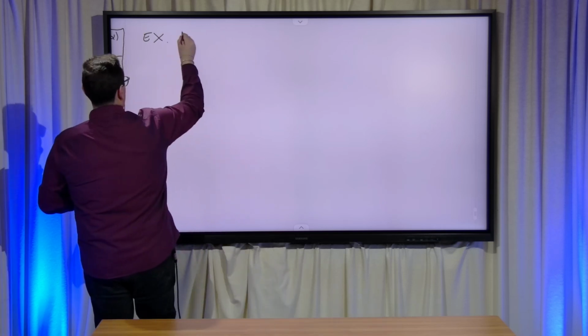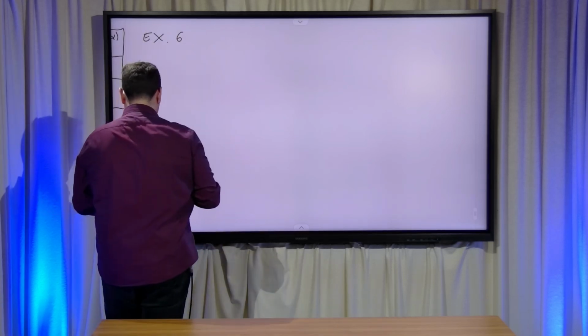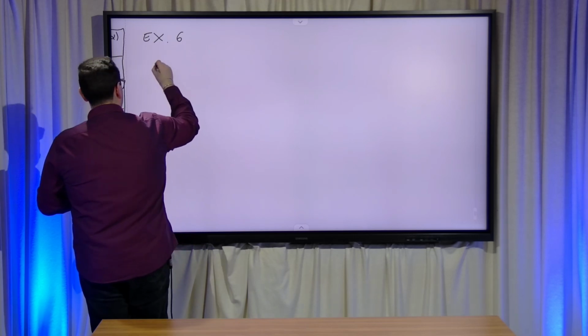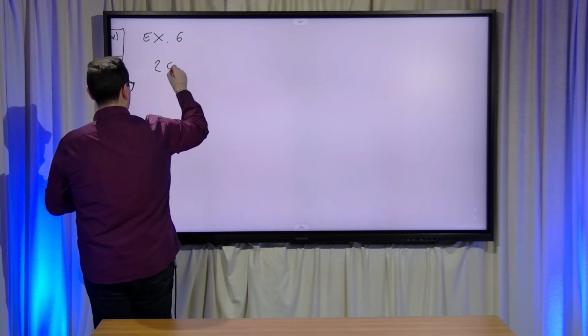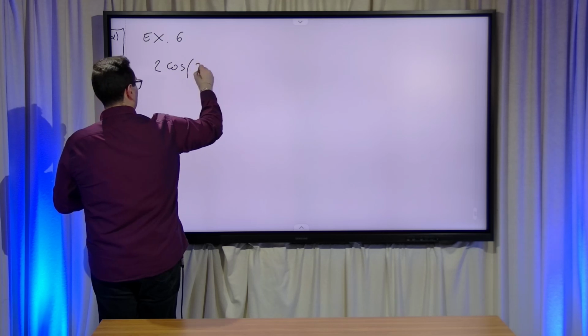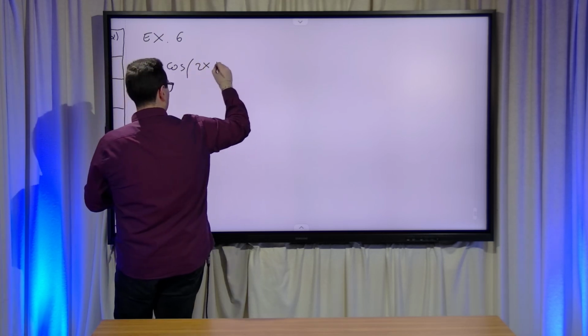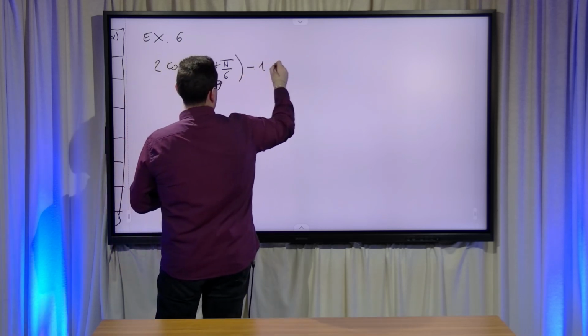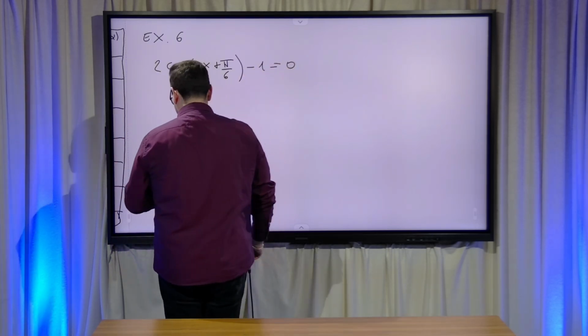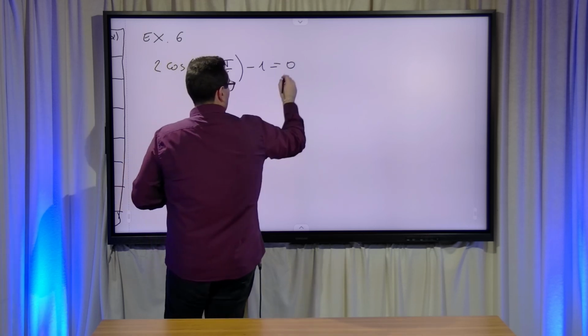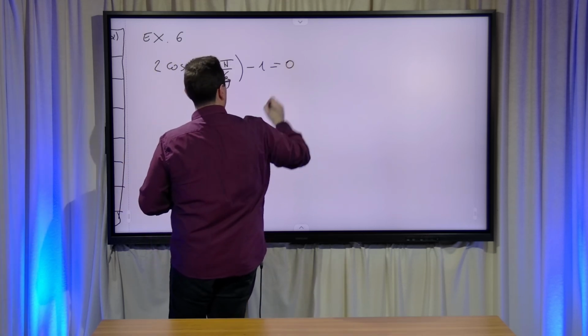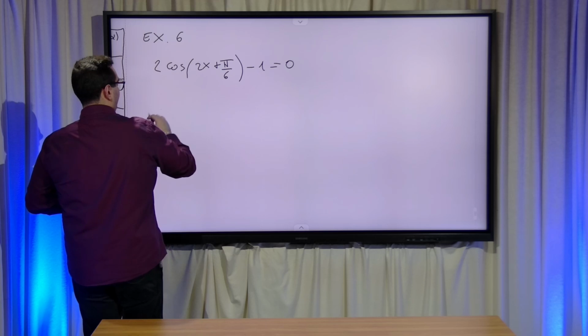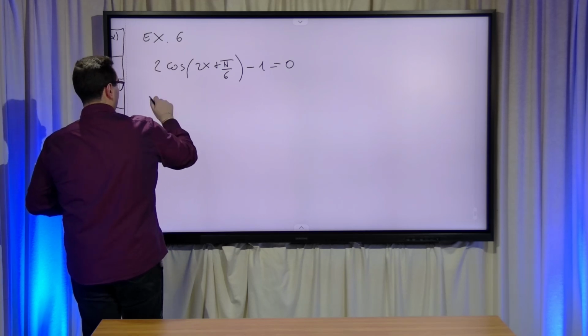Exercise 6. I have another equation. So 2 times cosine of 2 times x plus pi over 6 minus 1 is equal to 0. As before, I can do some basic math.